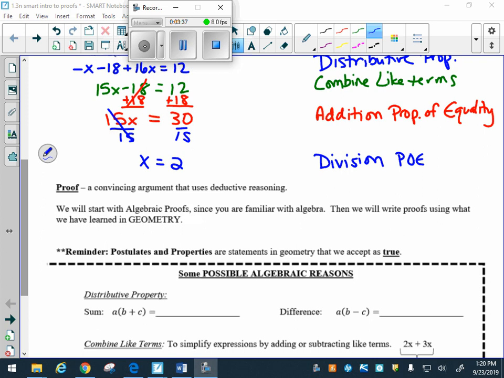But in all types of proofs, you're basically following a sequence of logical steps, and you're justifying every step until you get from whatever given information they gave you to a final conclusion that they wanted you to prove. So it's going to take these steps all the way down.